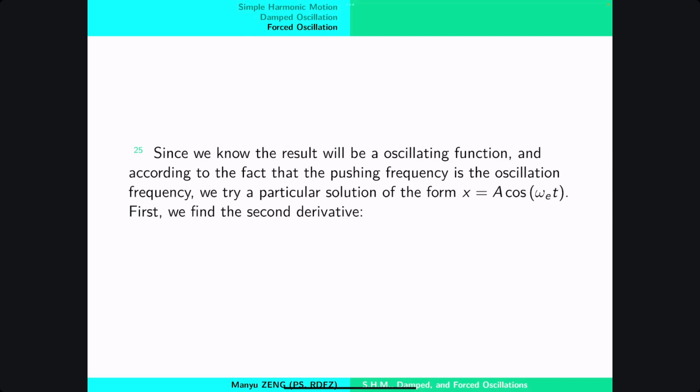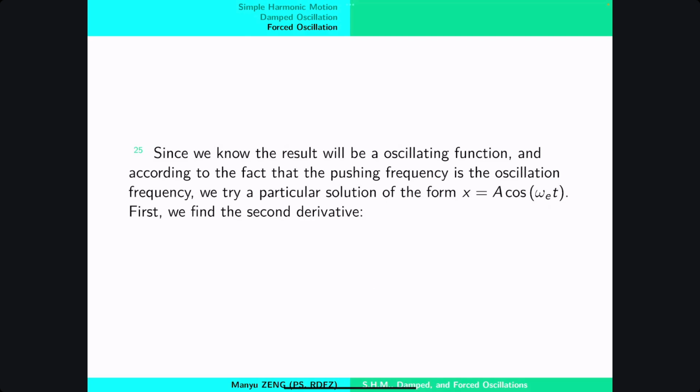We will use our common sense. The common sense is that the result will be an oscillating function. When you are pushing and pulling a swing, the swing will oscillate. That is common sense.